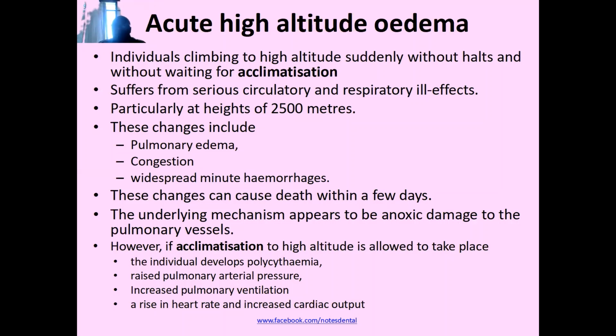The underlying mechanism appears to be anoxic damage to the pulmonary vessels. However, acclimatization to high altitude can take place. The individual develops polycythemia, raised pulmonary arterial pressure, increased pulmonary ventilation, a raised heart rate, and increased cardiac output.